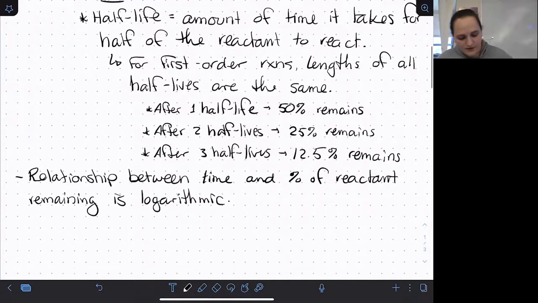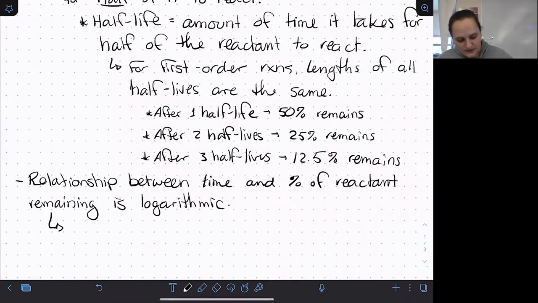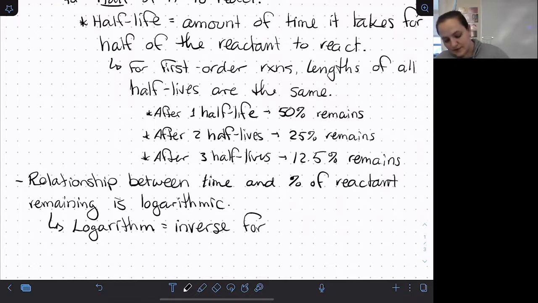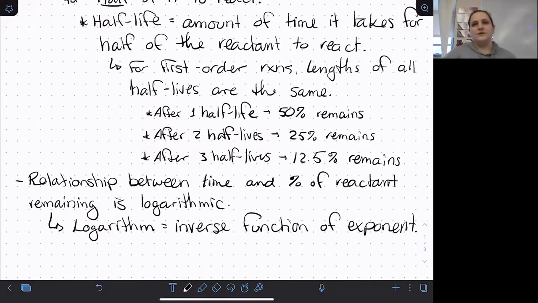So what a logarithm is, is the inverse function of an exponent. So just like multiplication and division are inverse functions of one another, logarithms and exponents are inverse functions of one another. One undoes the other, essentially.